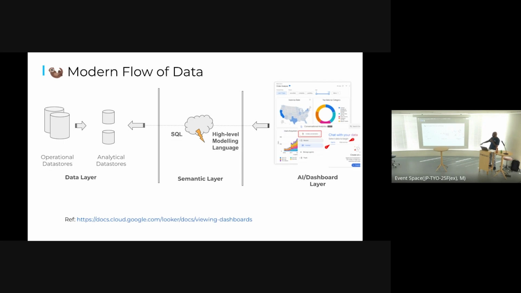We'll get to the specifics of it, so just keep this diagram in your mind. We have a data layer, a dashboard layer, and a semantic layer in the middle. Modern BI is more about the semantic layer and the AI/dashboard layer. So let's get into the specifics of it.